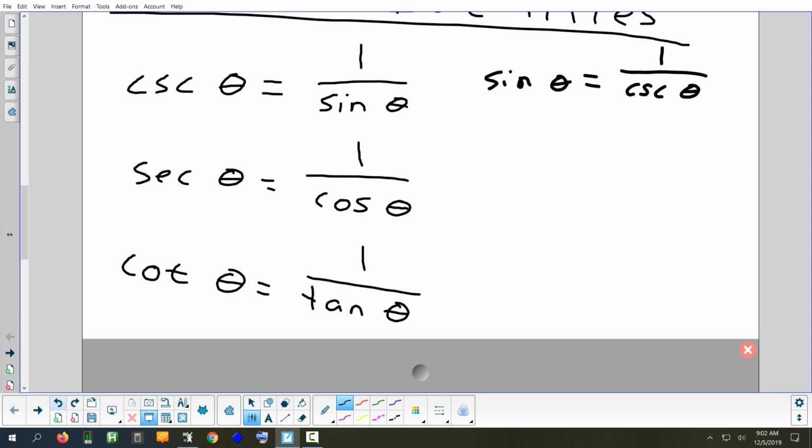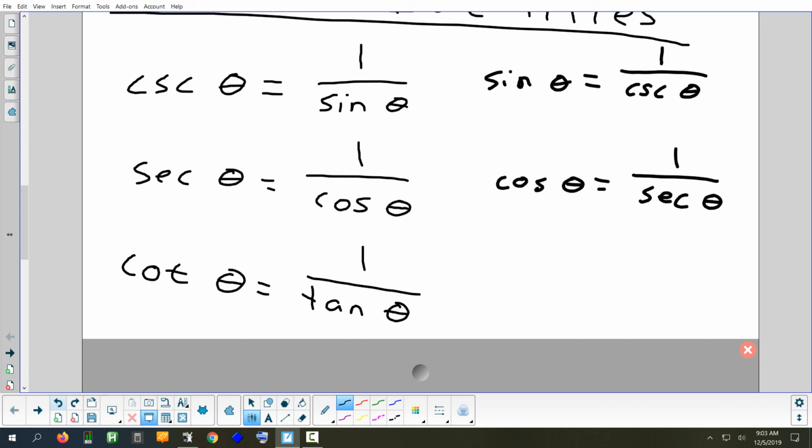So doing that same idea, anyone think they could tell me how we could rewrite the second one? Cosine equals 1 over secant. Yes.